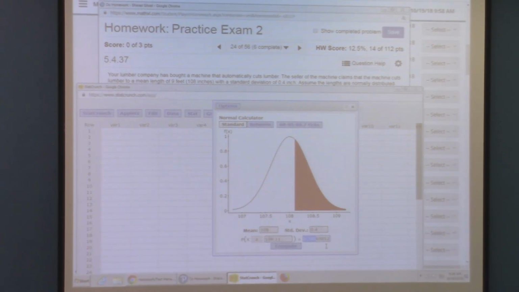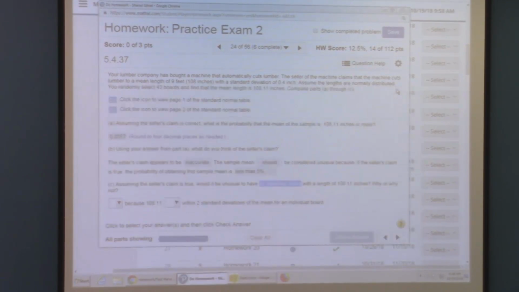The question is phrased slightly differently, but it's equivalent. It's phrased this way because this is within 2 standard deviations. So it's not unusual to have an individual board of this length.